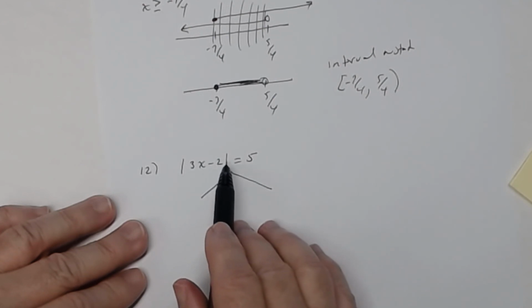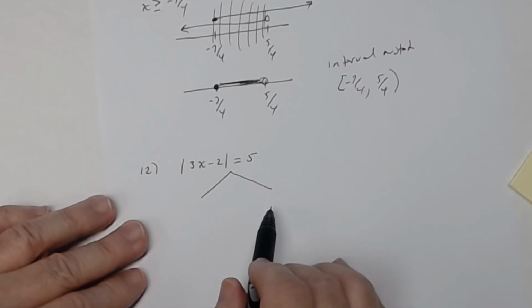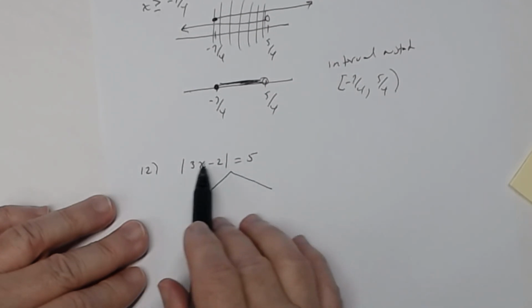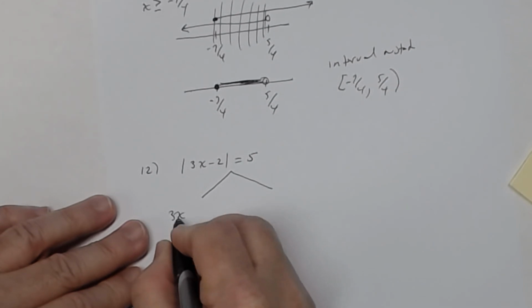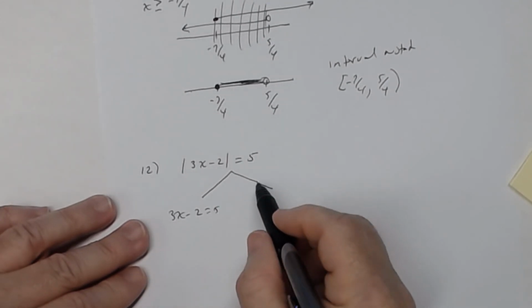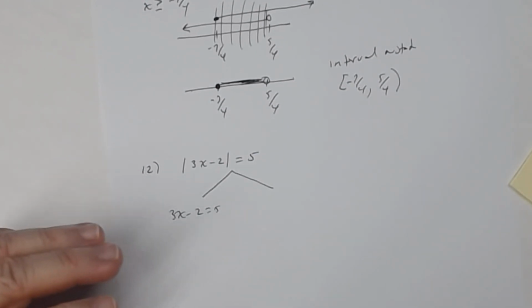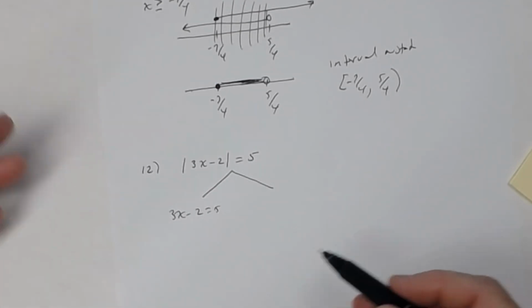So to go from this absolute value equation to two equations without an absolute value bar, you would say "or," and all you do is, the first one is easy, you just rewrite what you see here. So 3x minus 2 is equal to 5. Now remember, the absolute value is the distance that a number is away from 0. So on both sides of 0, one's positive, one's negative.